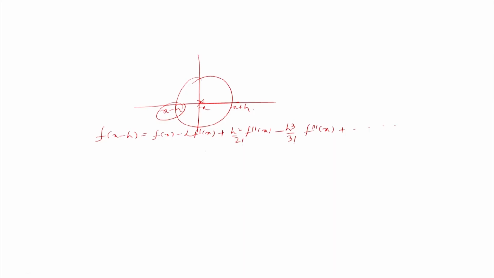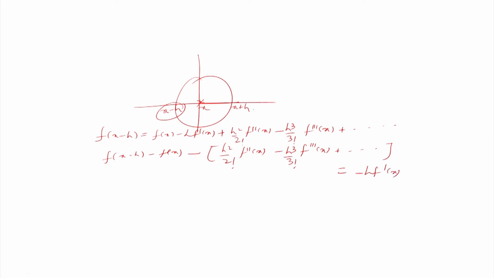So, then we can express f of x minus h minus f of x as minus h f dash x minus h square by 2 factorial f double dash of x minus h cube by 3 factorial f triple dash of x plus all of the remaining terms.